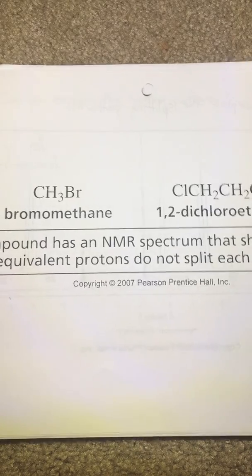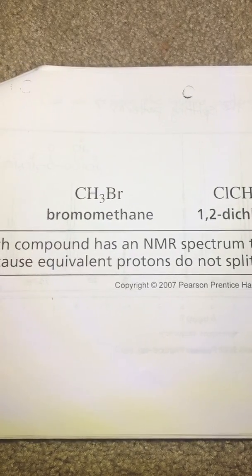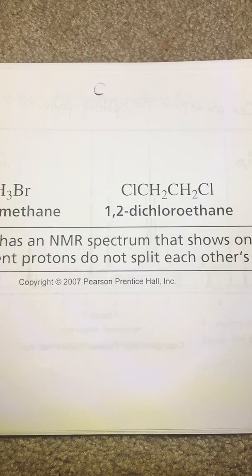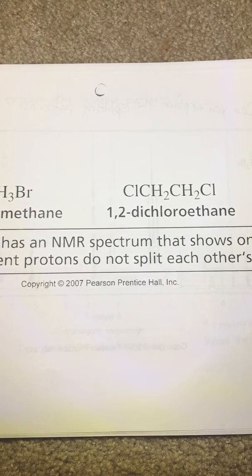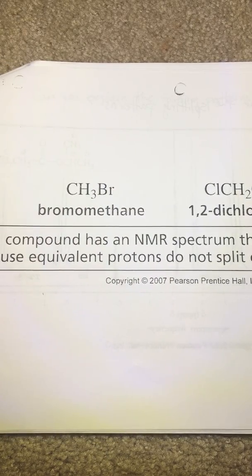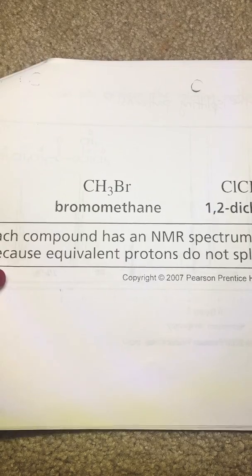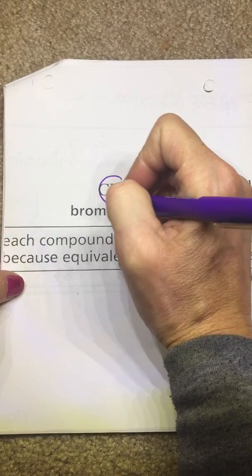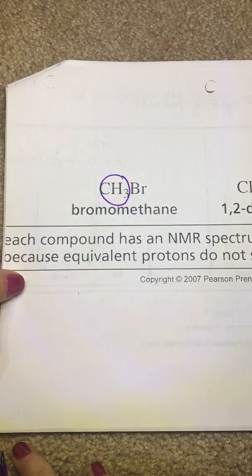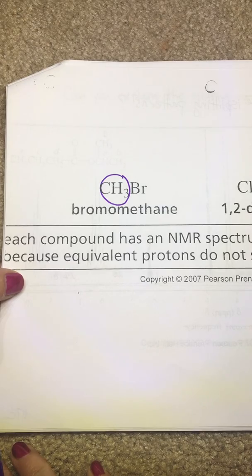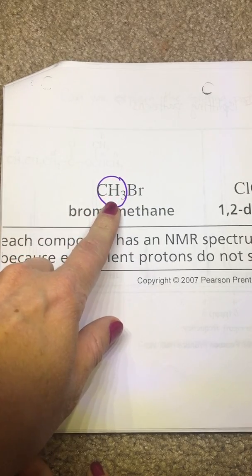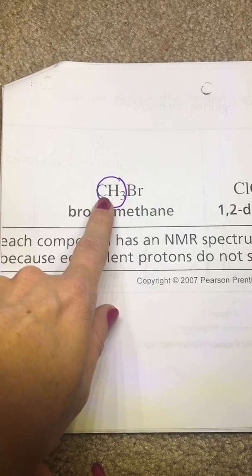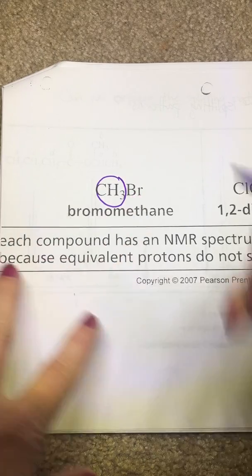Okay. Now this is an important little rule. So two different molecules that both have just one signal. Okay. So looking at my unique sets of hydrogen, these three hydrogens are all equivalent to each other. We look at the neighboring atom, there's no hydrogens.